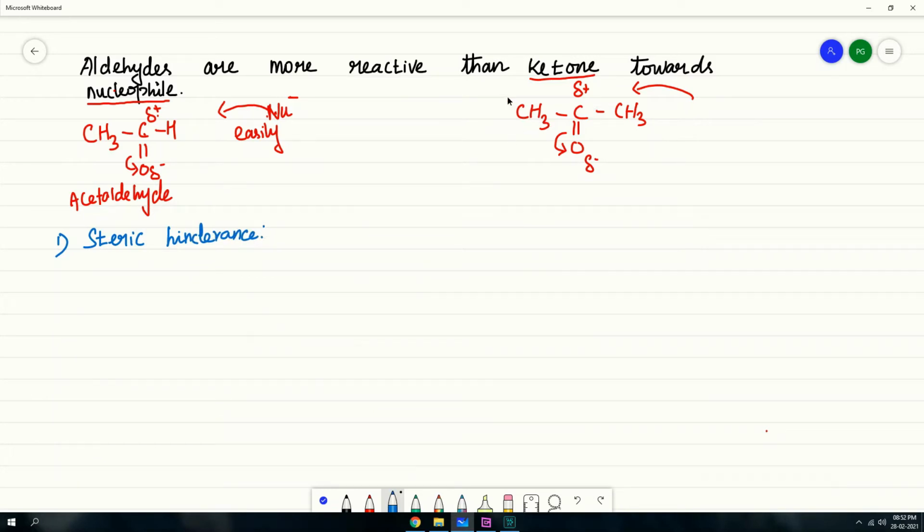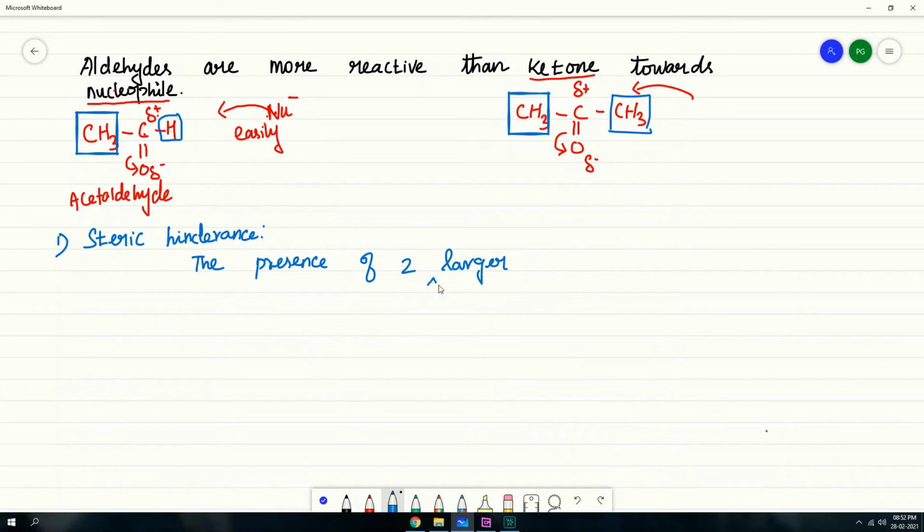See, a ketone has two larger methyl groups, but an aldehyde has only one methyl group and a relatively small H. So the presence of two relatively larger alkyl groups hinders the nucleophile.